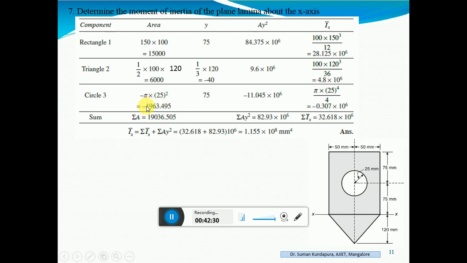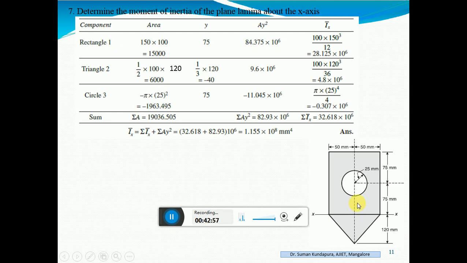Because it is a cut off portion, you have to subtract it, so it is minus pi r squared. Radius is 25. Substituting and subtracting the circle, you will get summation A as 19,036.505.